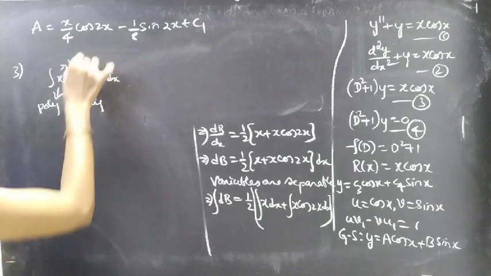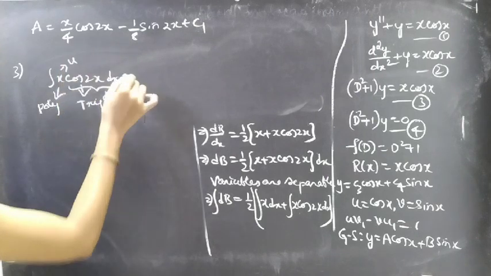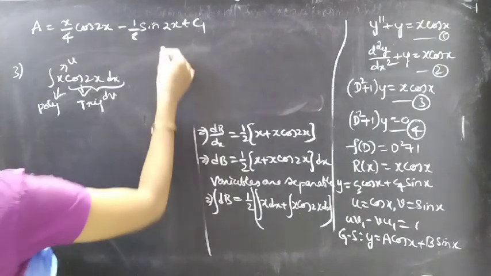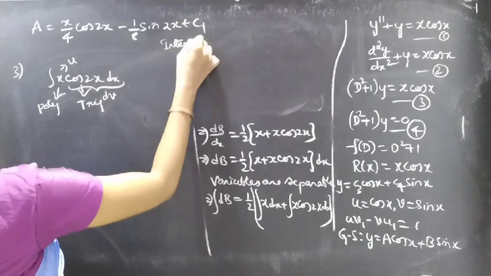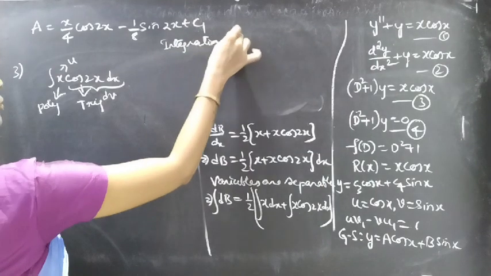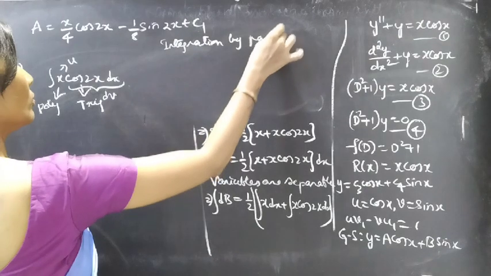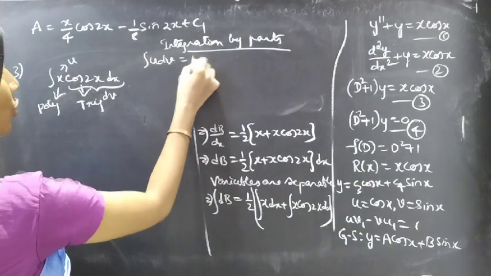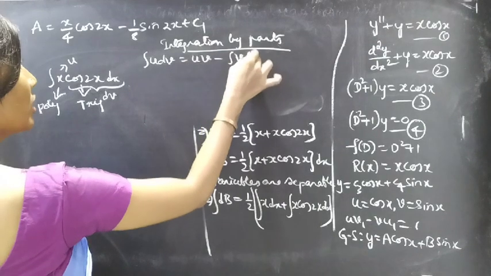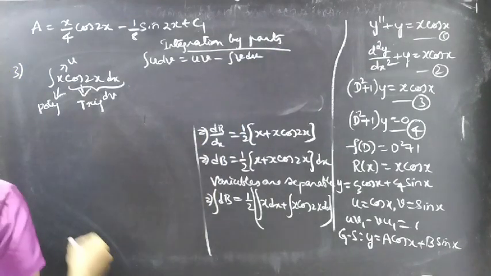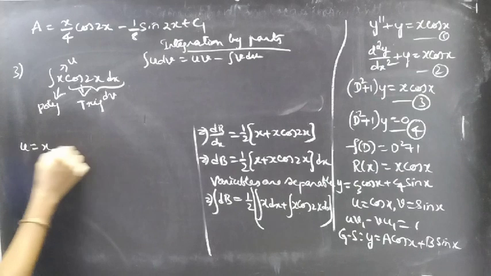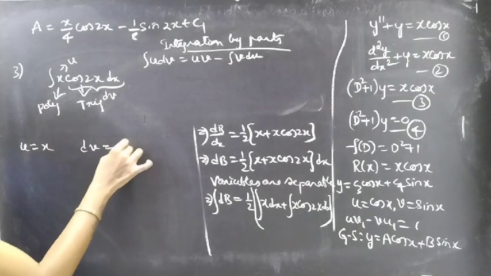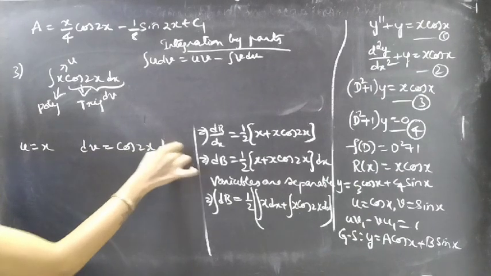Consider the polynomial function as u and the remaining part as dv, and apply the integration by parts formula: integral u dv equals uv minus integral v du. Here u is x and dv is cos 2x dx, right?